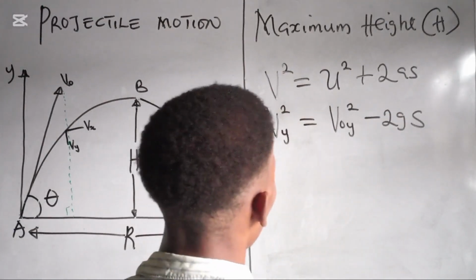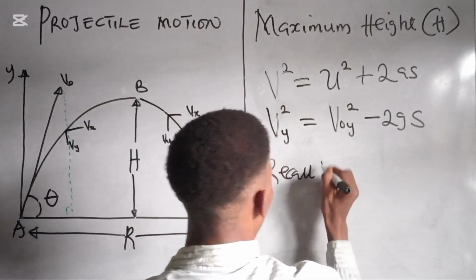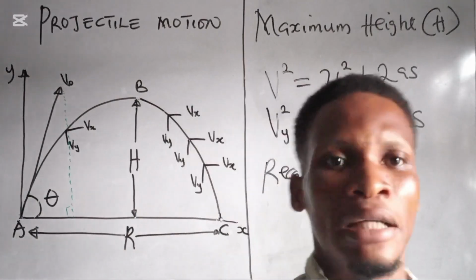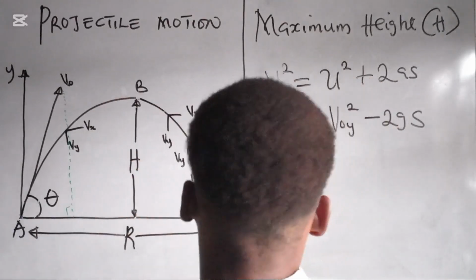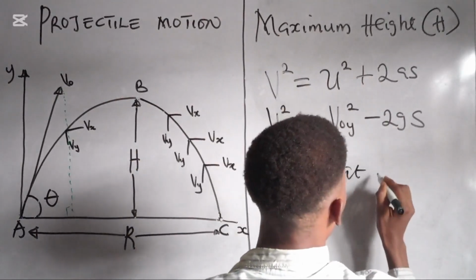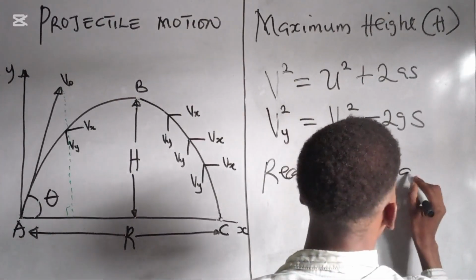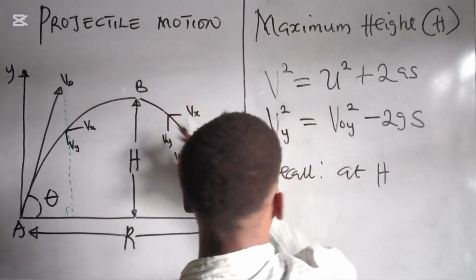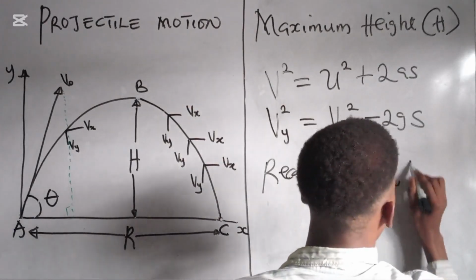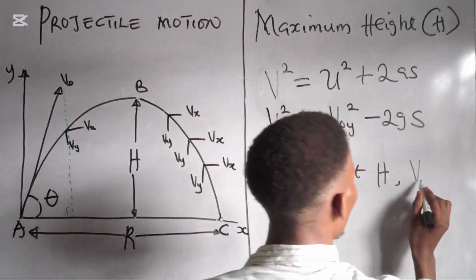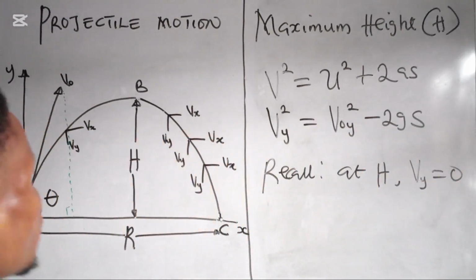Having done that, you can also recall that at maximum height, the V, which is the final velocity, is equal to 0. At maximum height, which is B, the final velocity Vy is equal to 0. So what do I mean?